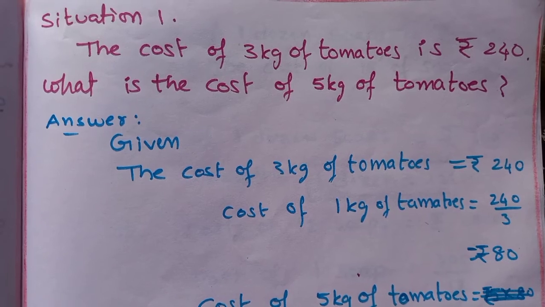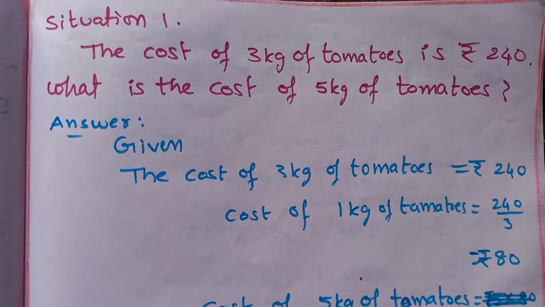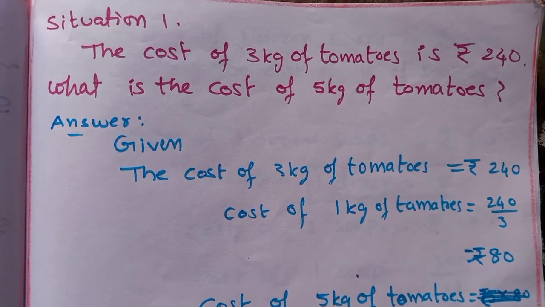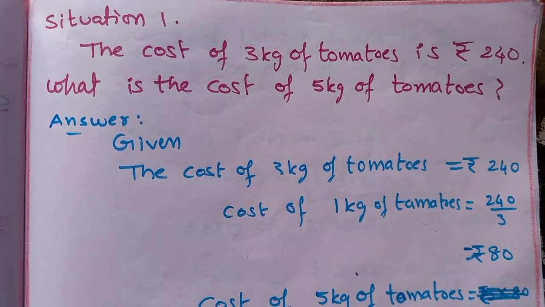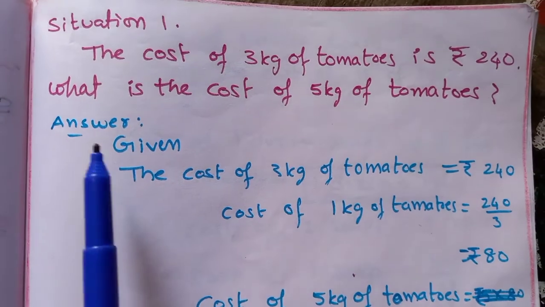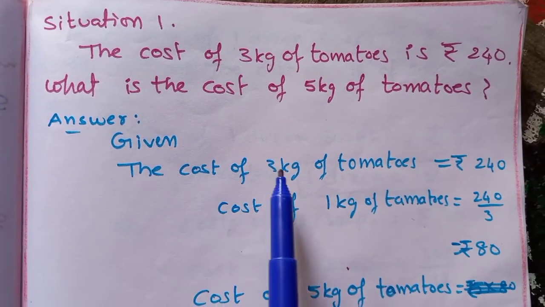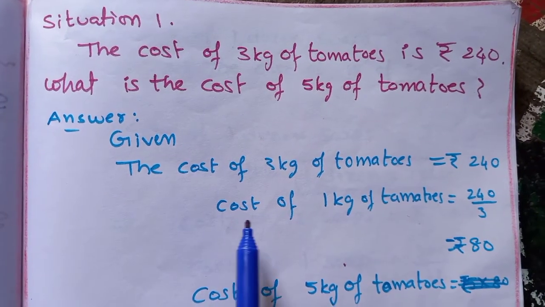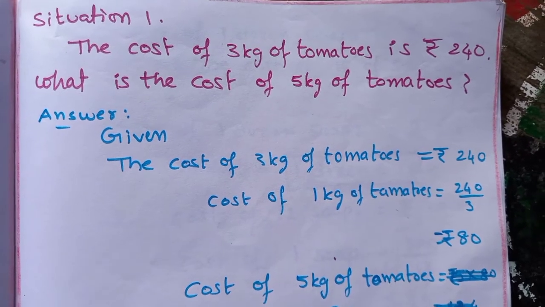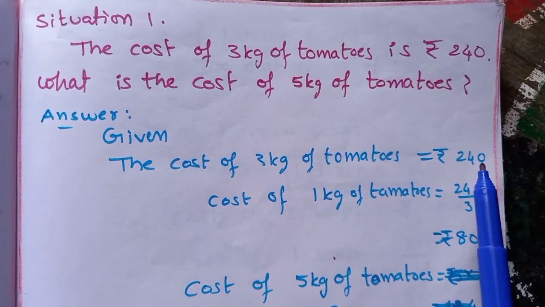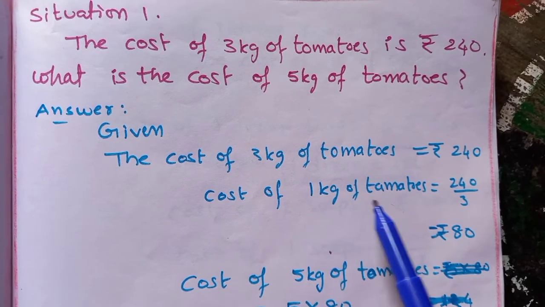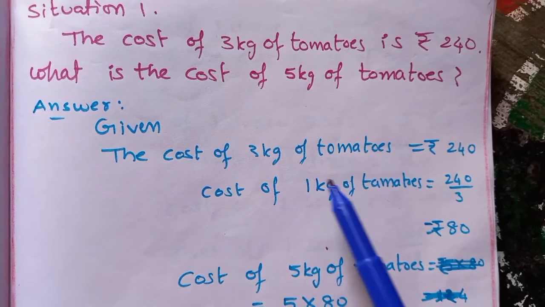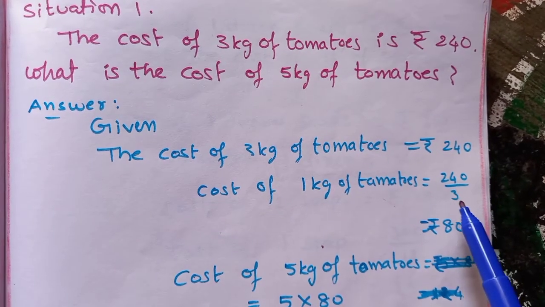Now we will understand the situations and how to solve them. Situation 1: the cost of 3 kg of tomatoes is 240, and what is the cost of 5 kg of tomatoes? Answer. First we write the given: the cost of 3 kg of tomatoes is 240. The cost of 1 kg of tomatoes? By transposing 3 to that side, 3 will go to the denominator.